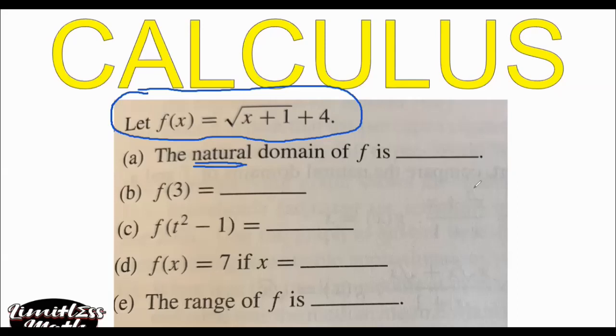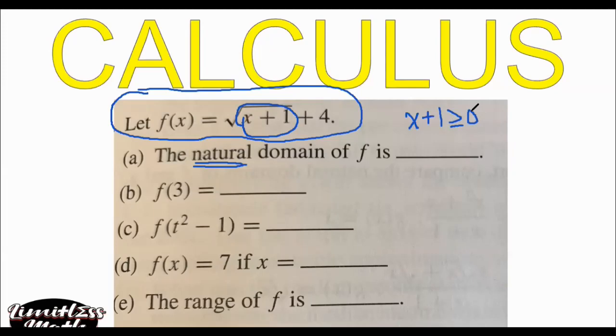If we look here, we always want to check the inside of a square root and make sure we're not going to get a negative. So we're solving x plus 1 greater than or equal to 0, because if it's less than 0, we'll have a negative, and that's where we have a problem.